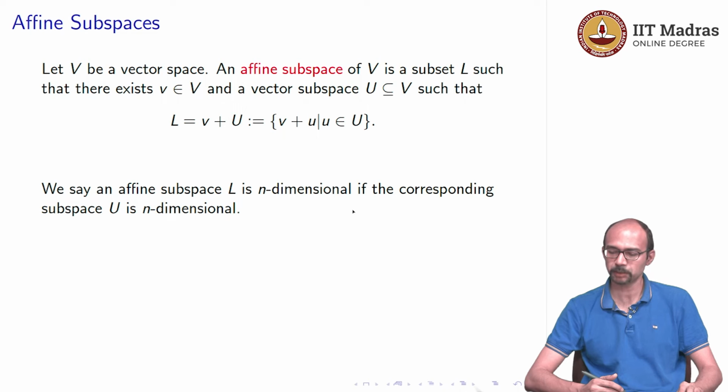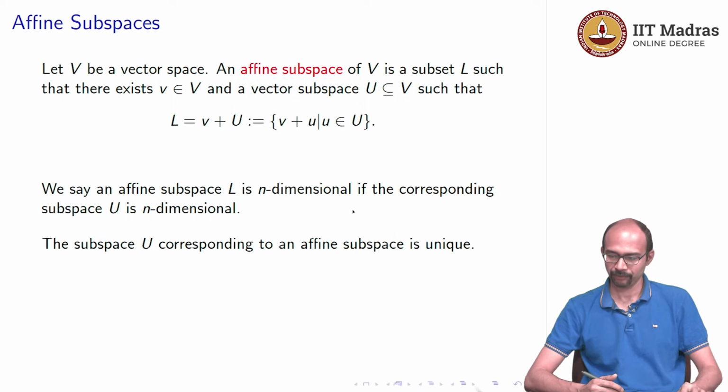We say an affine subspace L is n dimensional if the corresponding subspace U is n dimensional. So, if U is n dimensional, L is considered to be n dimensional. The subspace U corresponding to an affine subspace is unique. What do we mean by that? The definition says L is little v plus capital U, where v is a vector and U is a subspace.